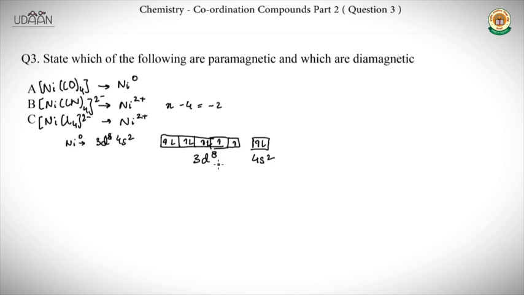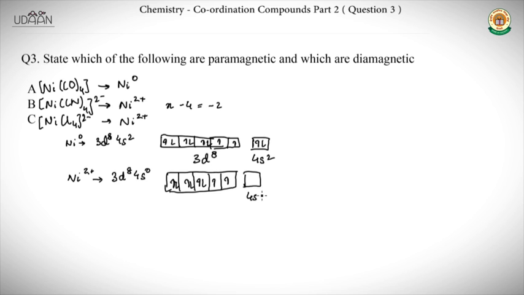For Ni2+ we'll find it the same way. In this case the 4s2 would be lost, so we'll have 3d8 and 4s0. This is under the condition that there is no field on the atom. Right now we just have the plain atom itself, under no strong or weak field.